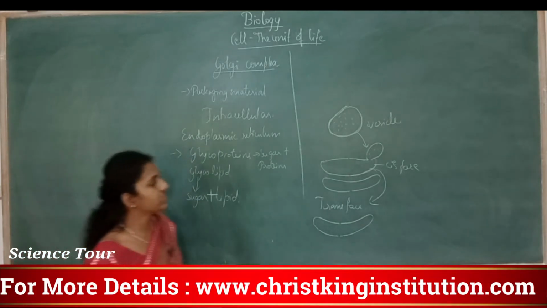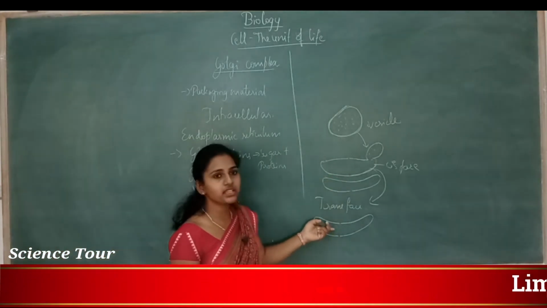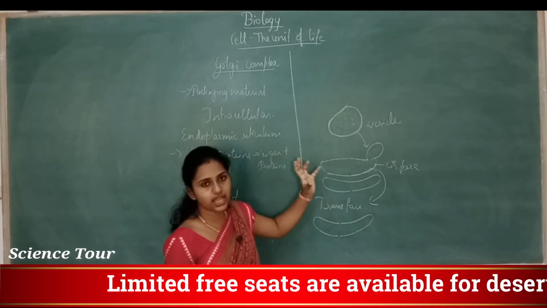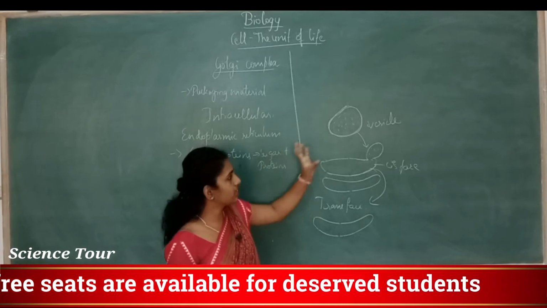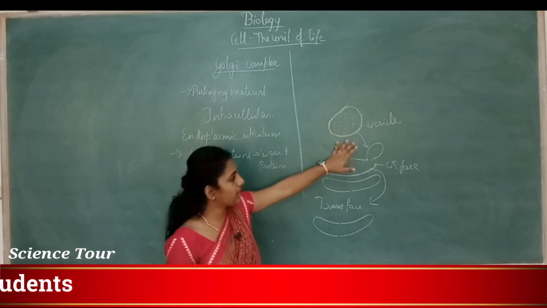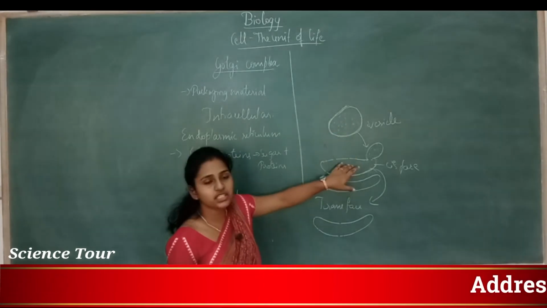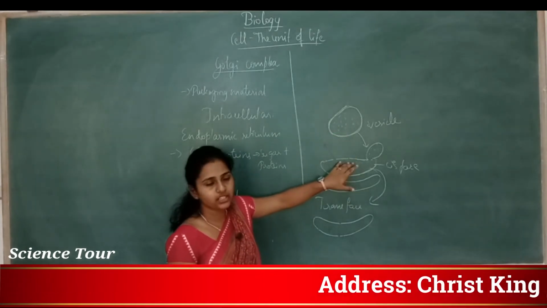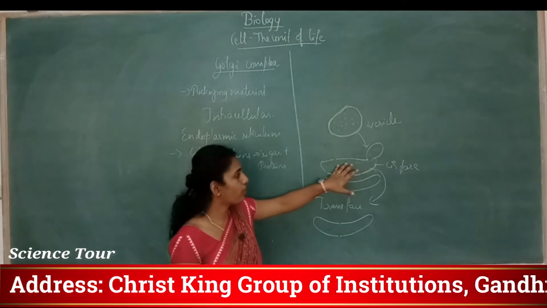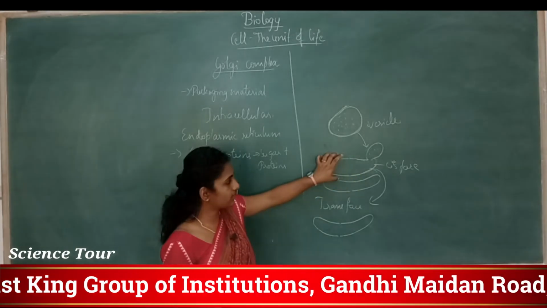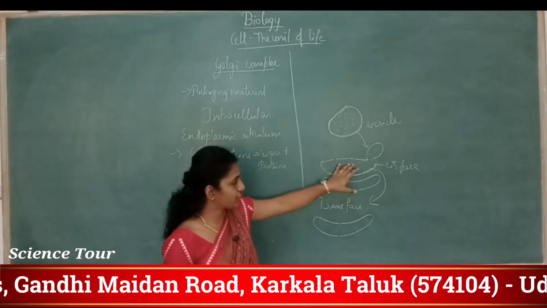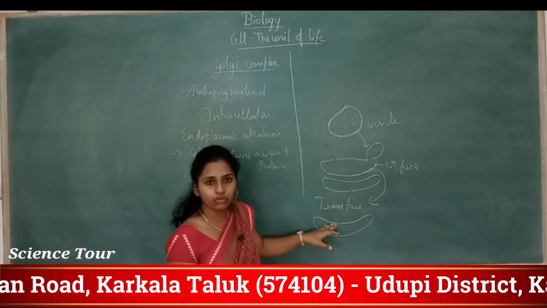The two important phases are the entrance phase and the exit phase. Here the important materials synthesized in the endoplasmic reticulum are collected inside vesicles. This vesicle attaches to the cis phase of the Golgi complex, or the cis phase of the cisternae, and they undergo modification, and then convert into the trans phase.